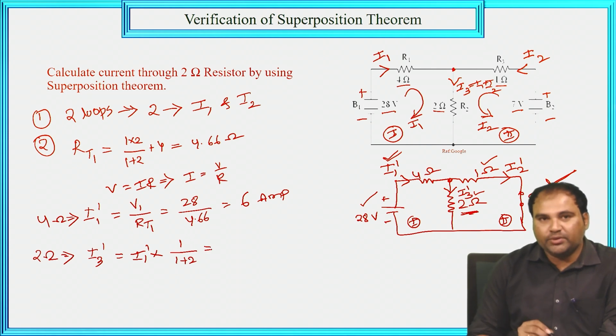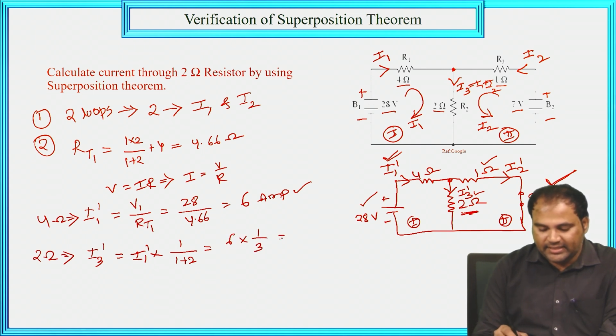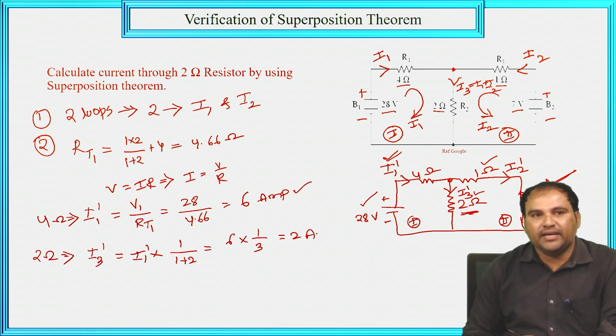I1 dash is 6 ampere. So 6 into 1 divided by 3 is equal to 2 amperes. This is the current through 2 ohm, that is I3 dash.